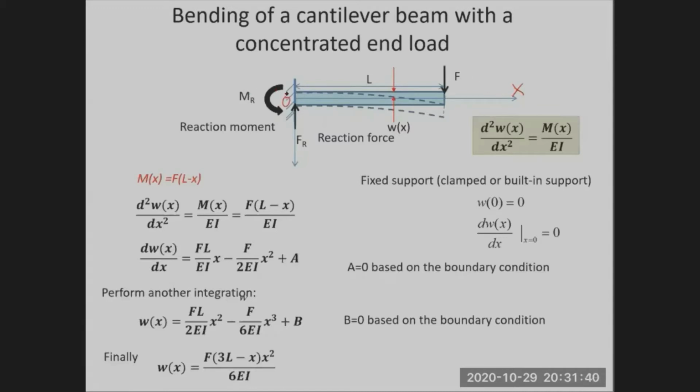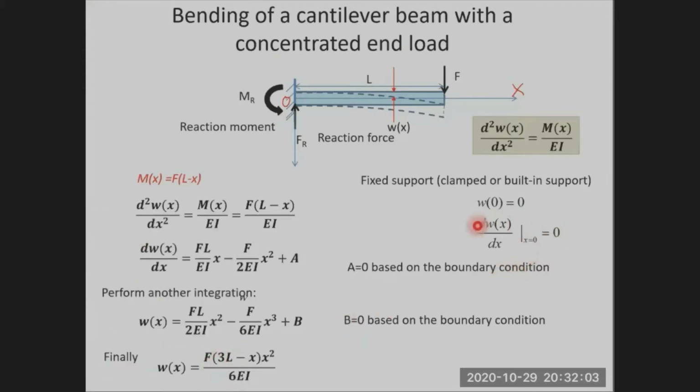When x is 0, this point is a fixed support. Then its displacement should be equal to 0. W(0) is 0. And its slope, dW/dx, should be equal to 0.